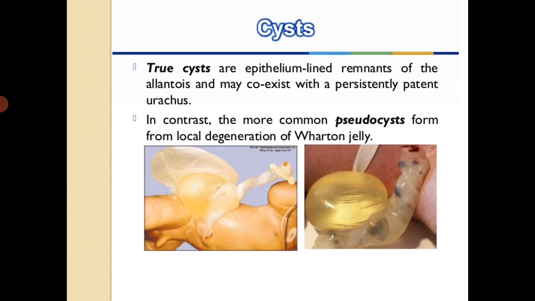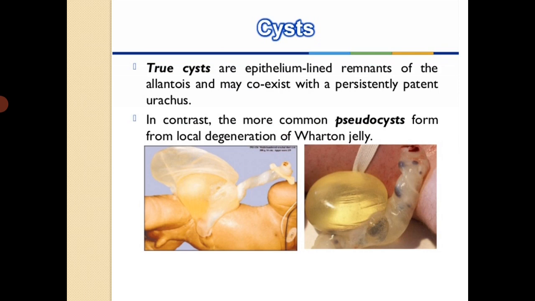Next is the cyst formation. True cysts are epithelium-lined remnants of the allantois and may coexist with a persistently patent urachus. In contrast, the more common pseudocysts form from local degeneration of Wharton's jelly.